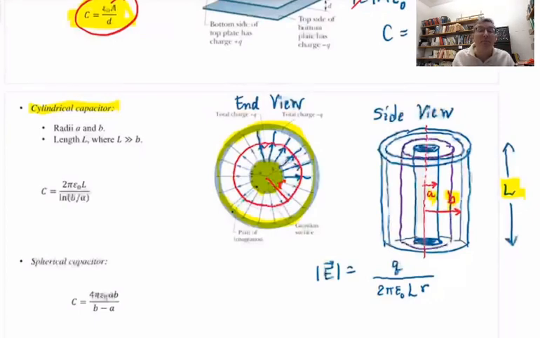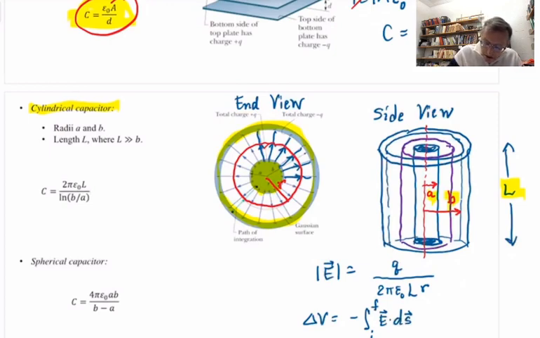That's a chapter 23 problem using Gauss's law for cylindrical symmetry. Then you use delta V equals negative integral from initial point to final point of E dot ds and integrate that electric field to get a formula for the potential difference. And the path they use starts at a point on the outer, like there, I, ends at a point on the inner, F, and goes in a straight radial line against the electric field.